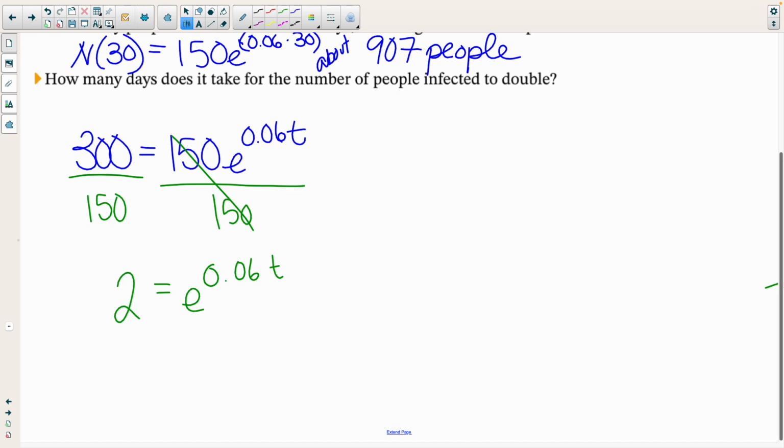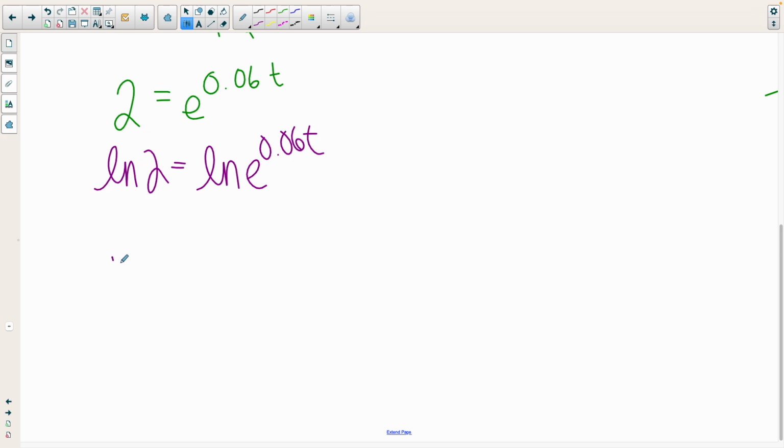So now we have e alone, natural log both sides. 0.06t to the front, and then the natural log of e cancels out to 1. And now I just have to divide both sides by 0.06.